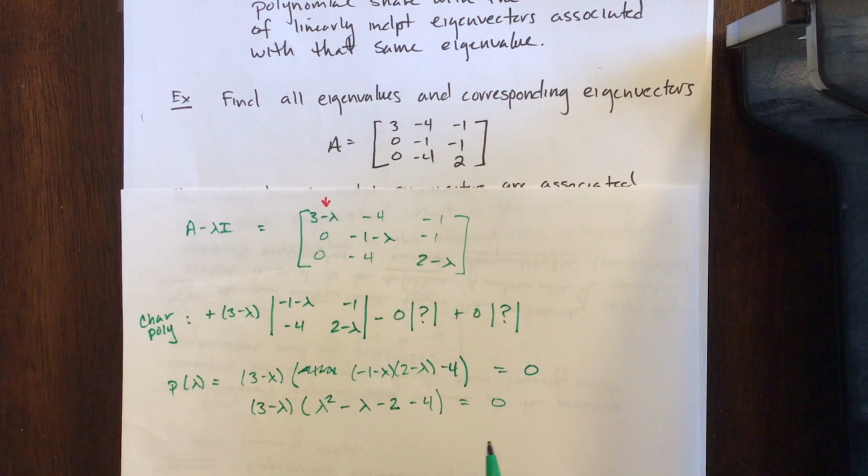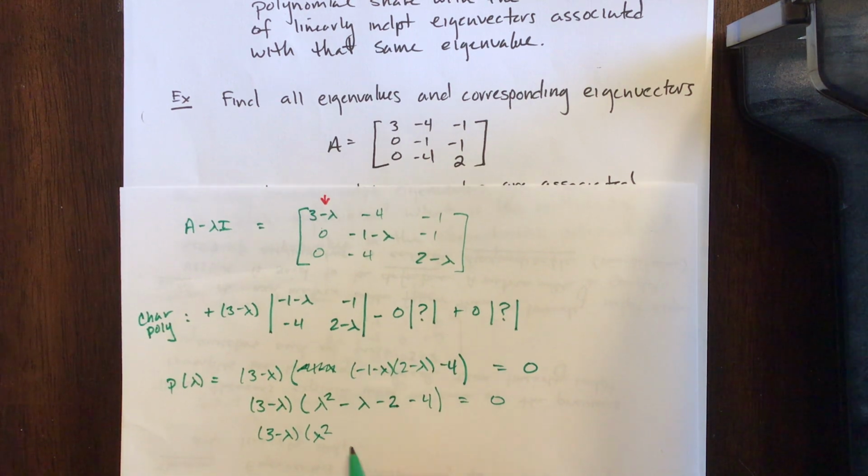Let me make sure I did that right because it doesn't feel right. Minus lambda times minus lambda is lambda squared. That's plus lambda. That is minus 2 lambda. So that's minus lambda, and negative 1 and 2 makes negative 2. Okay, that looks good so far.